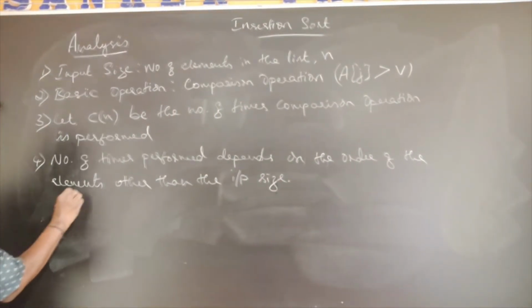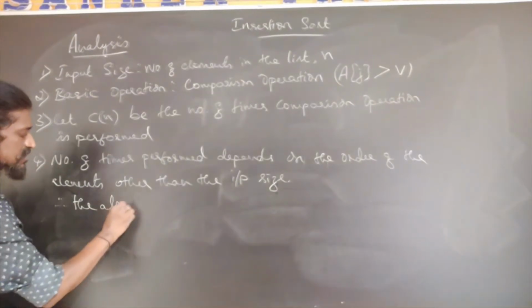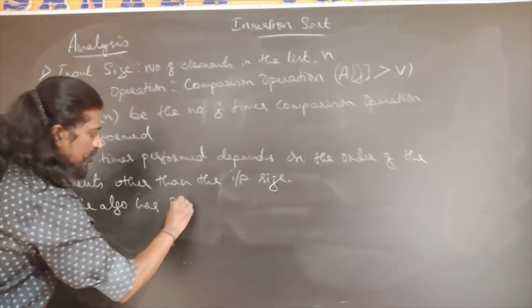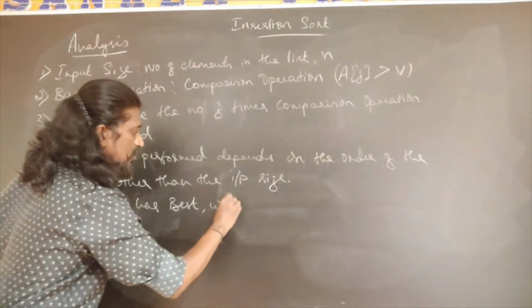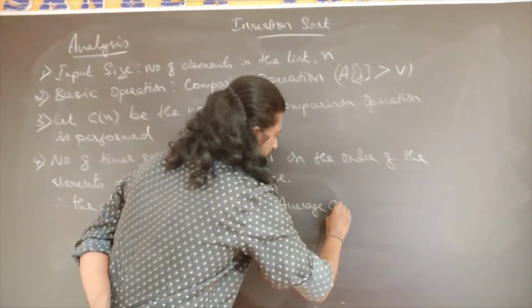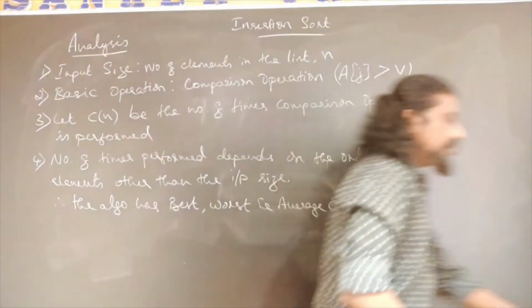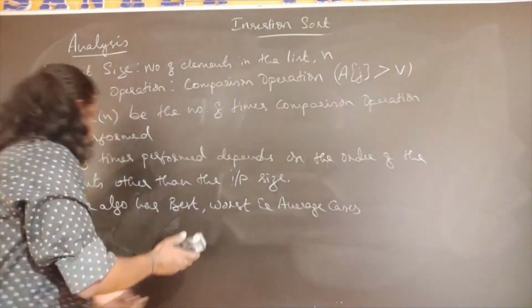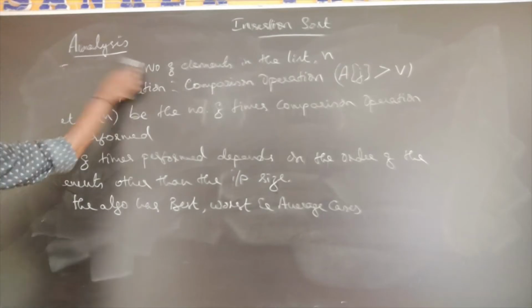Therefore, the algorithm has best, worst and average cases. So we need to analyze the efficiencies of the best, worst and average cases separately for this.